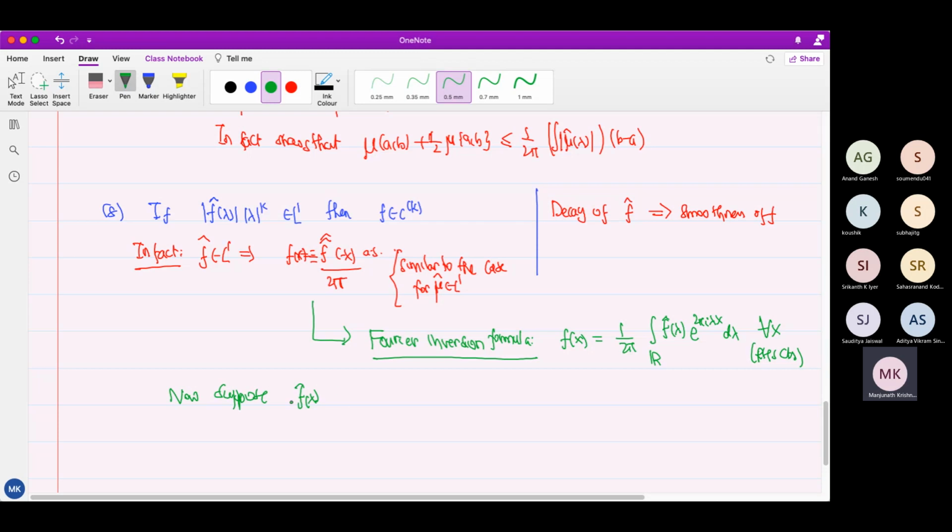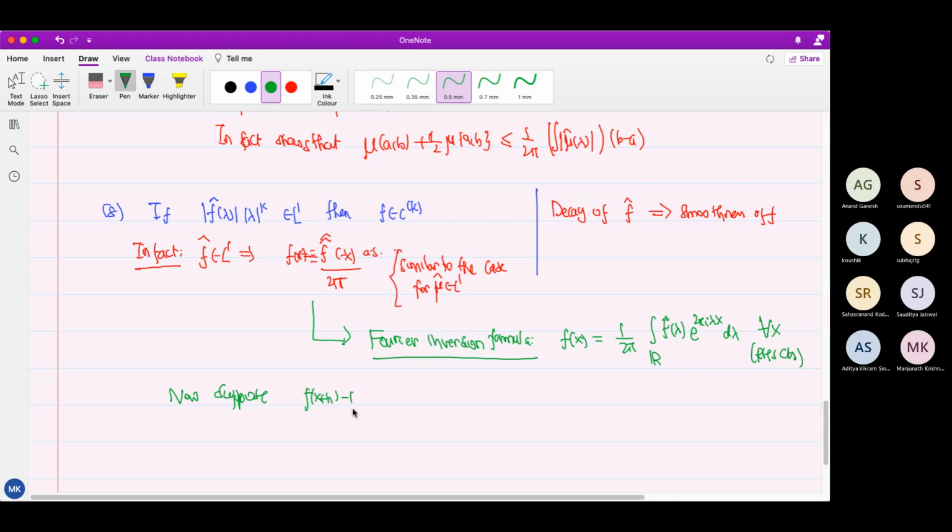So the point is, how do you do this? We want to show f is differentiable and all that. You just look at f of x plus h minus f of x, and we will use this to write it as an integral d lambda.